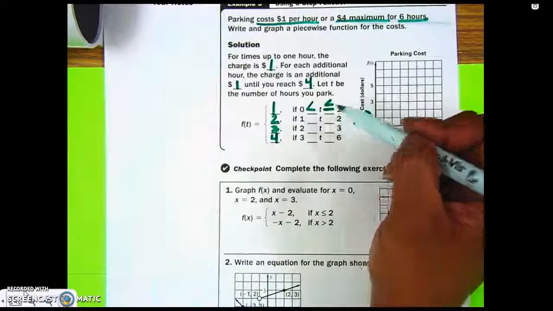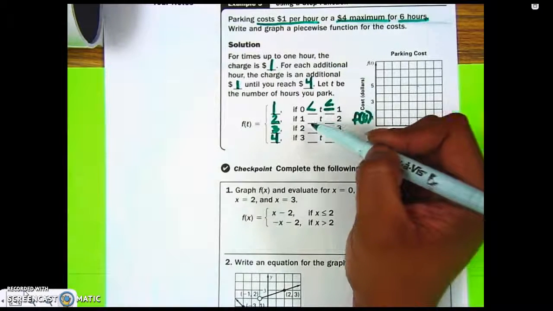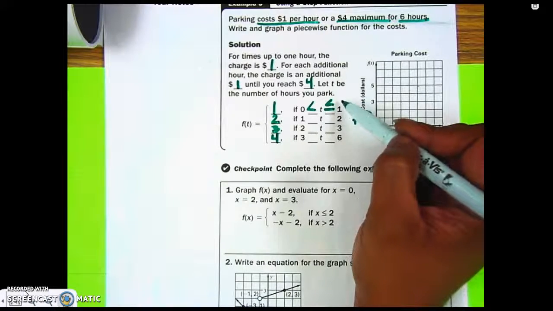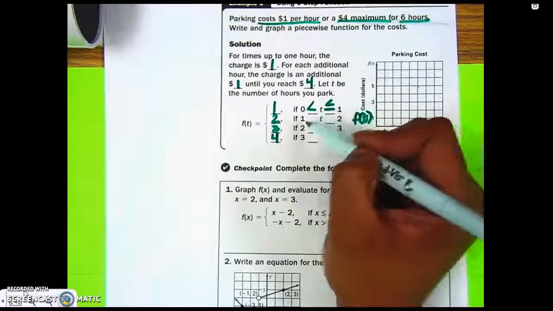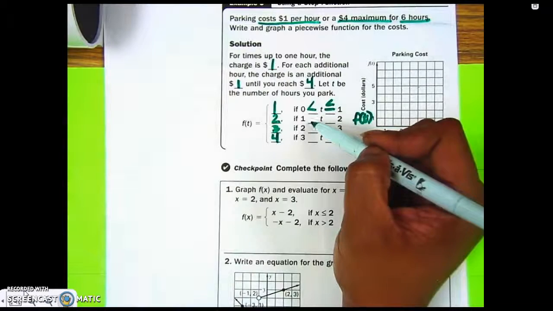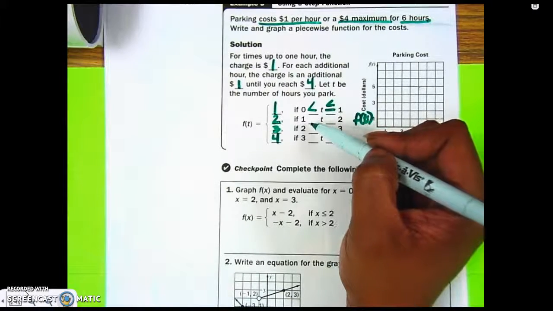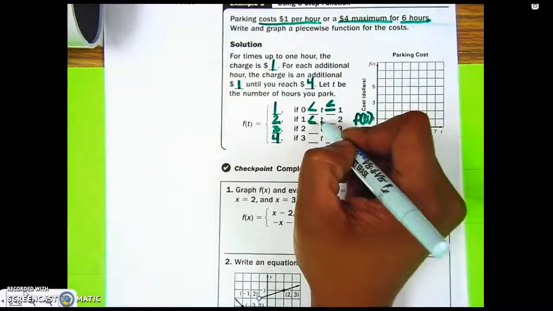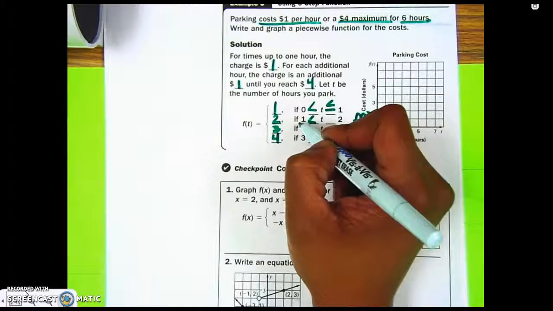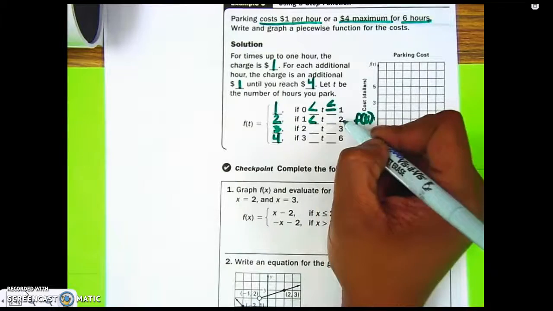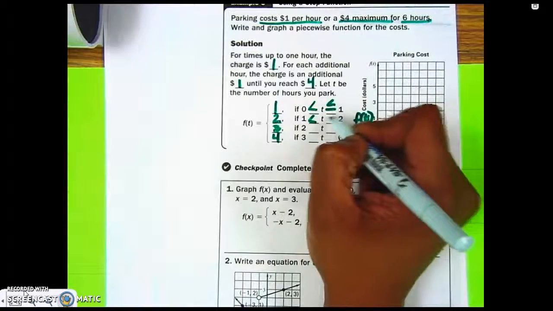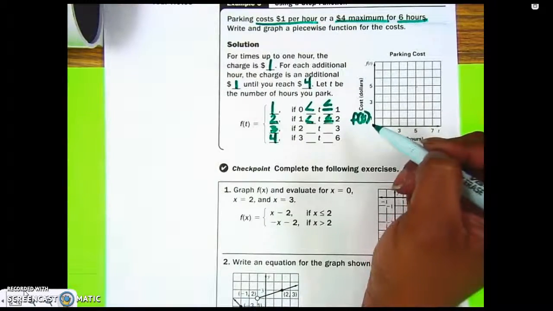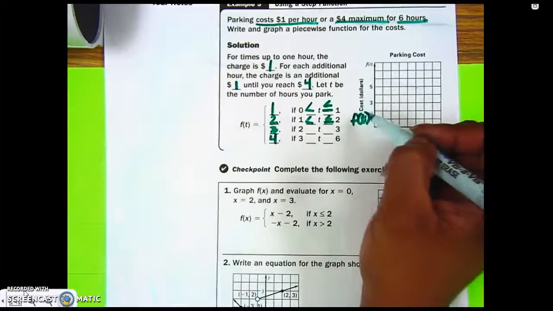Again, for the next step, we have to think in the context of the problem. 1 hour is already included right here because we have less than or equal to, so we don't need to include it again here. We need to include time that's greater than 1 hour. So again, I'm going to draw this symbol here saying that t is greater than 1. And then if you stay up to 2 hours, that means you would have a less than or equal to sign here saying that you stayed up to 2 hours.